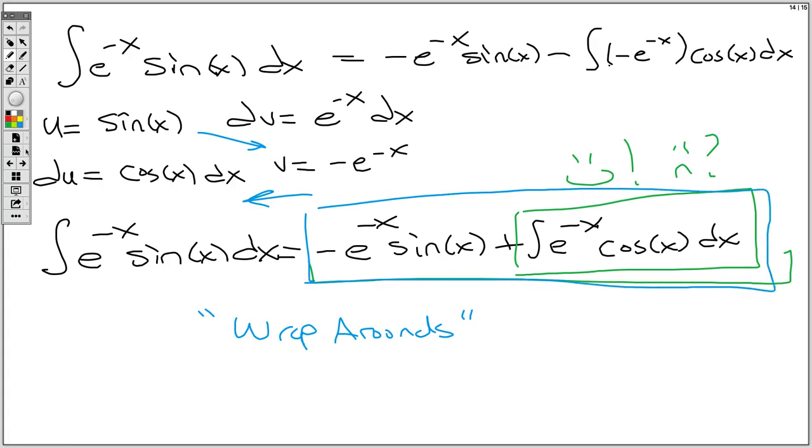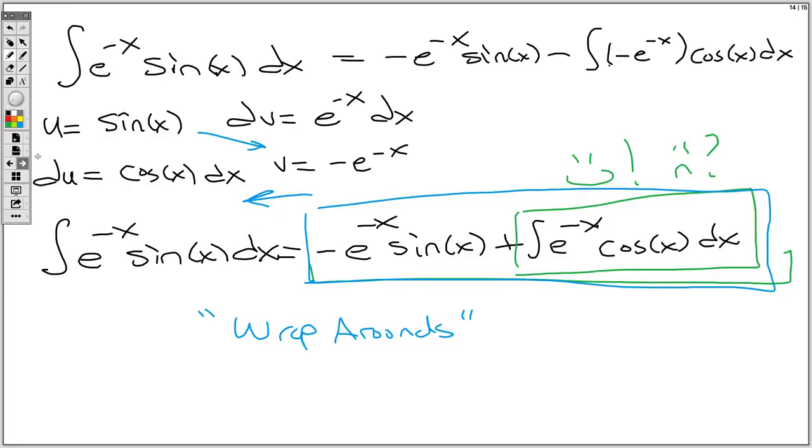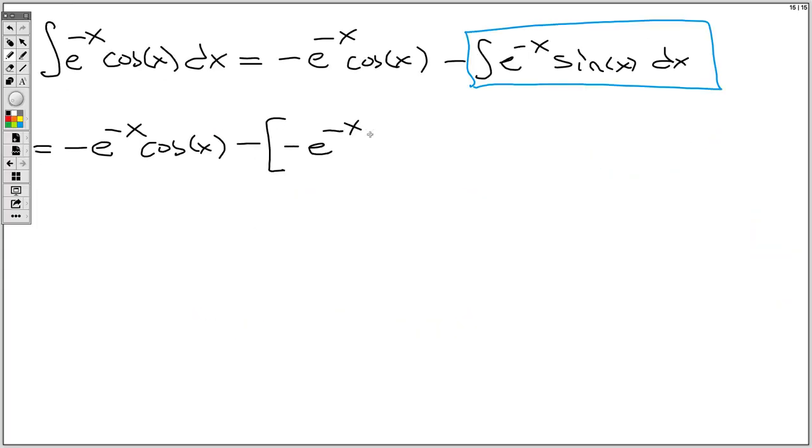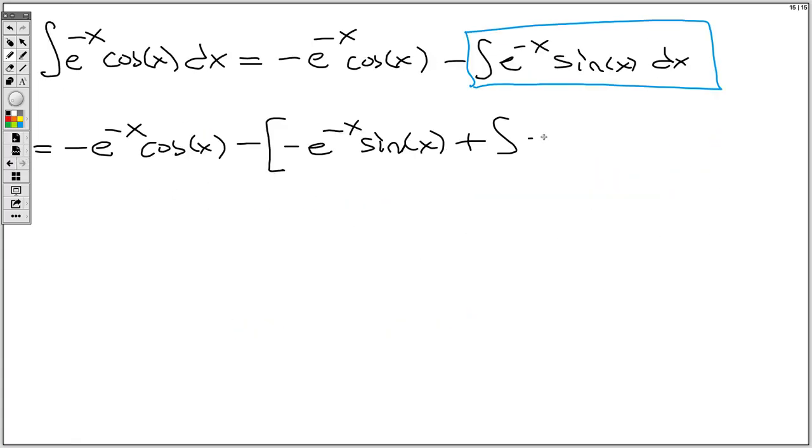So I get, over here, minus e to the minus x cosine x minus the quantity minus e to the minus x sine x plus the integral of e to the negative x cosine x dx.